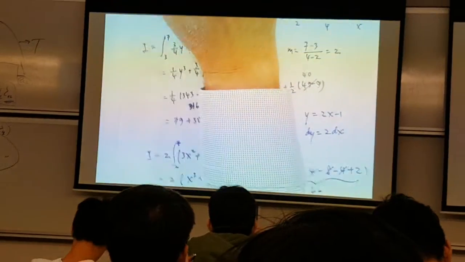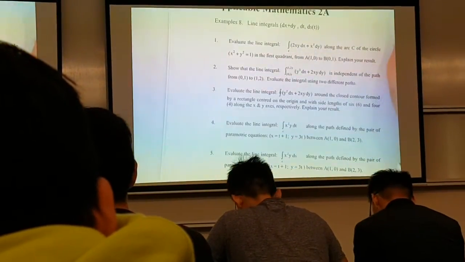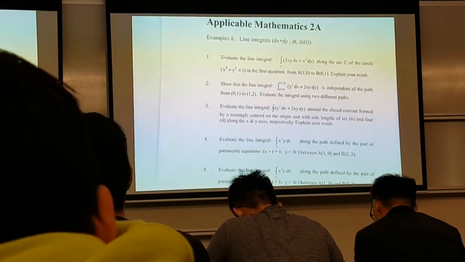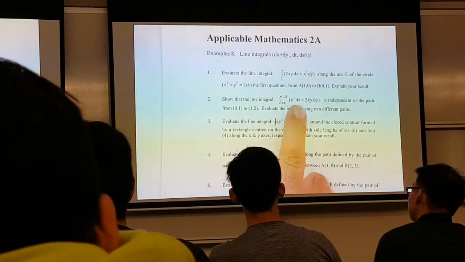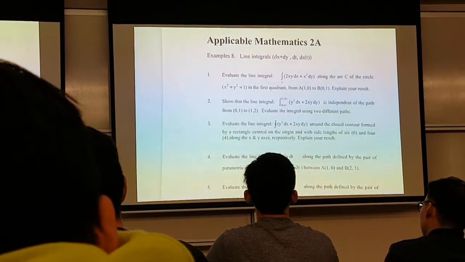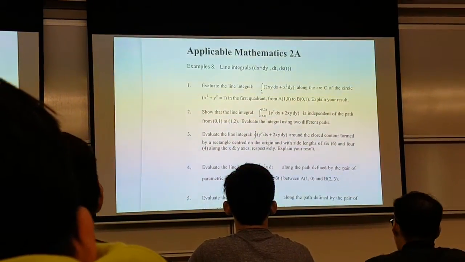Example 8 is also quite interesting. What we are looking at is, again, a line integral, but sometimes it's not direct, in the sense that you can have a line integral with a function where dx and dy both show up.